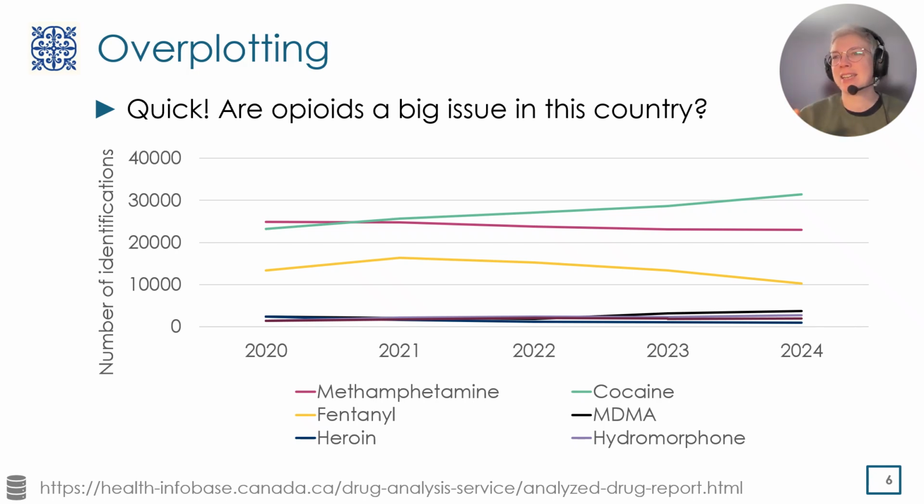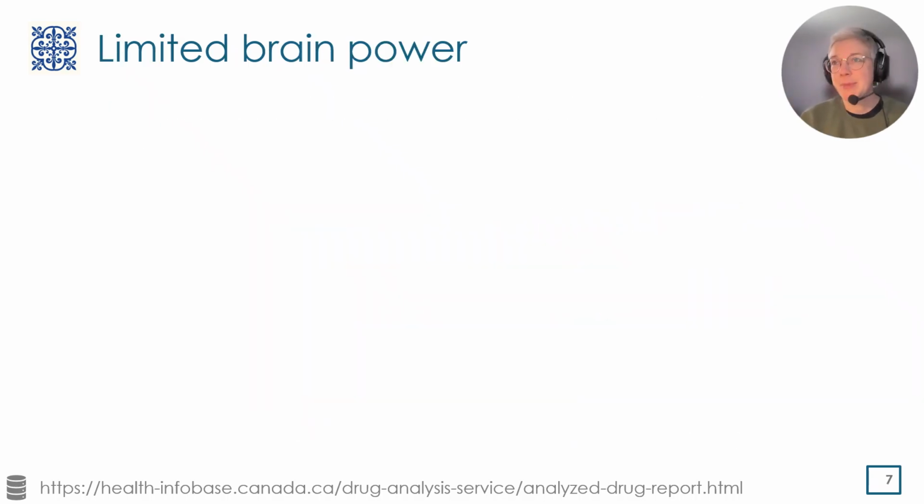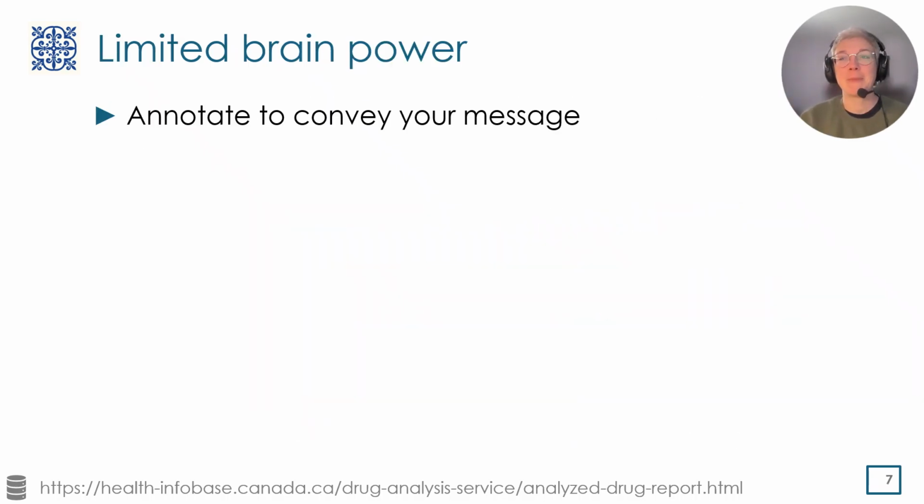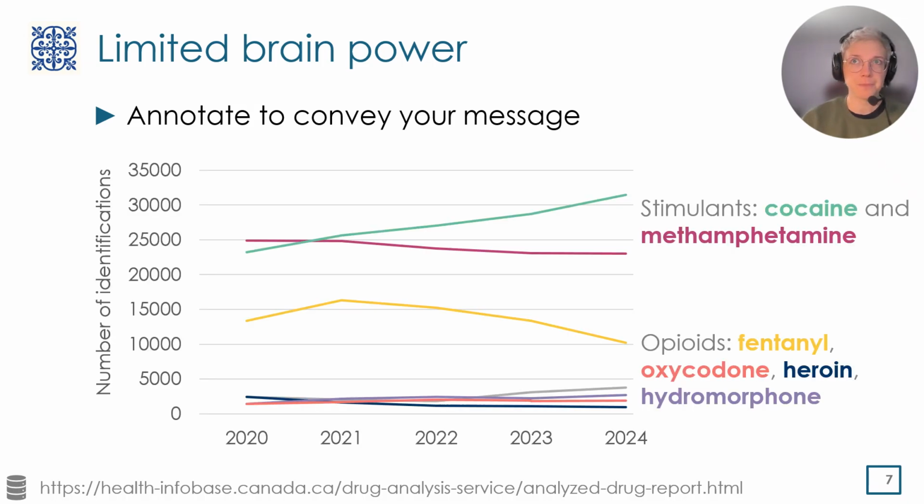And this is an instance of what we call overplotting. Too many lines in this graph, too much information, and it doesn't give me the clear picture of the question I'm asking. We have limited brain power, and what works best in this type of situation is to annotate your graphs to convey your message.